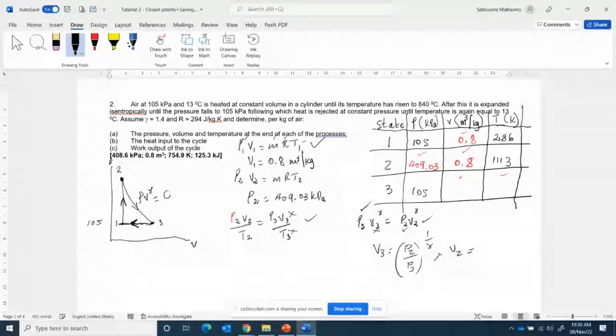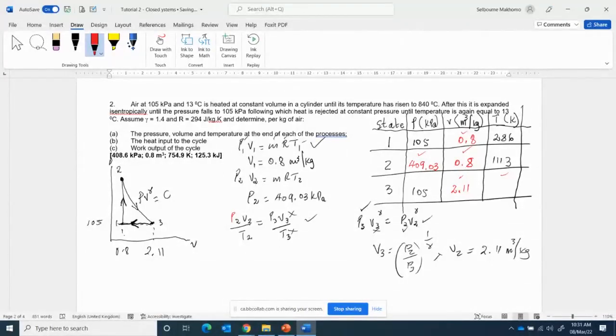And the answer is 2.11 cubic meters per kilogram. Now, if this is 0.8, we are expecting V3 to be greater than that, which is 2.11. Now our answer makes sense. So our V3 is 2.11 cubic meters.